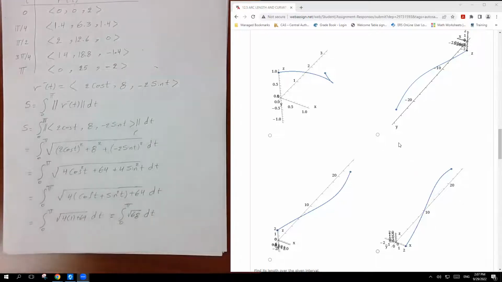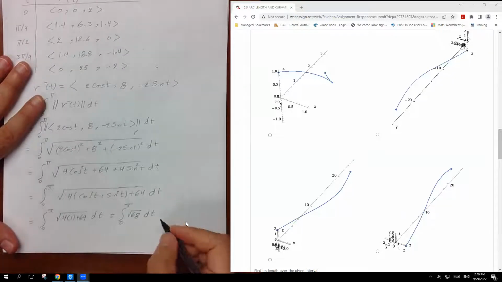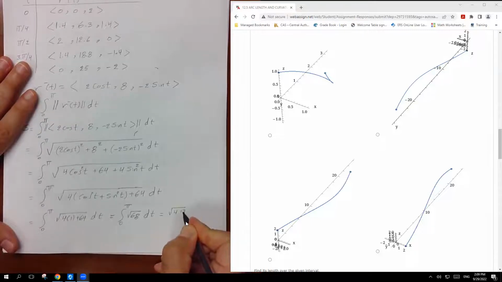Now it's easier to find, we just simplify it. So this is equal to the square root of 4 times 17, t from 0 to pi.